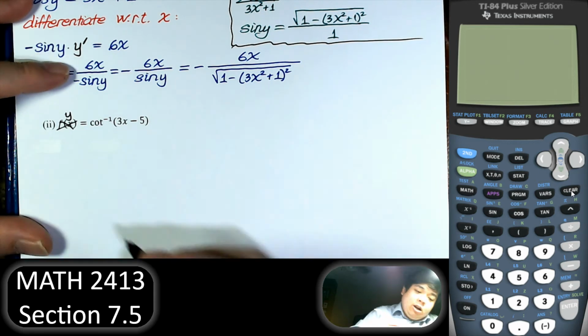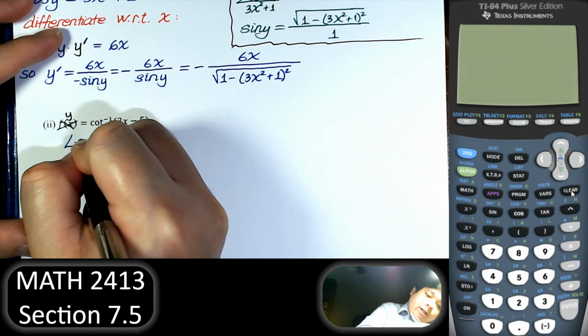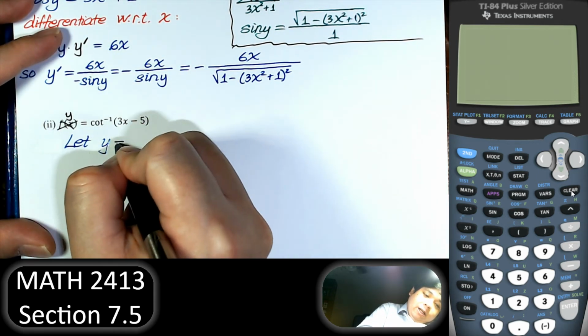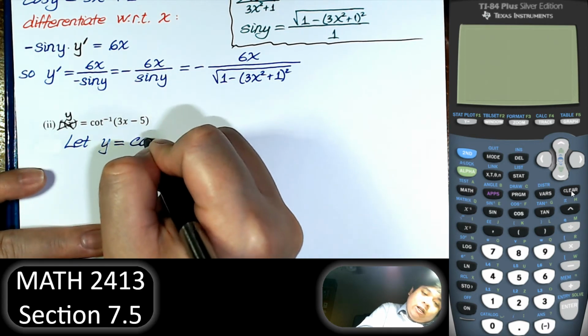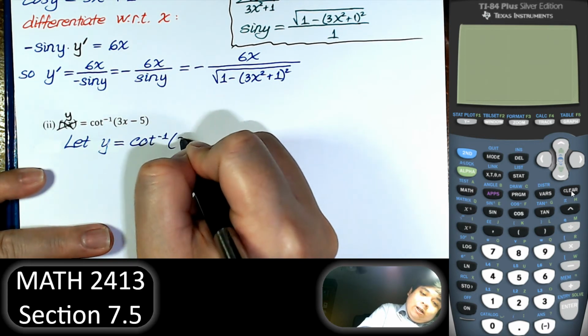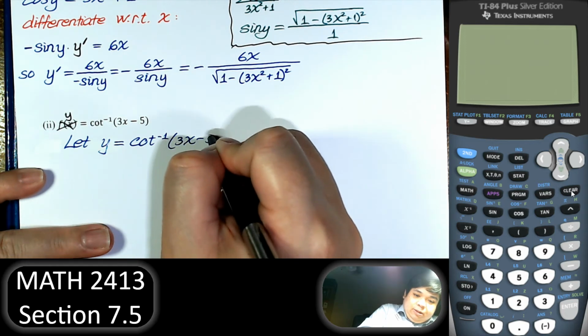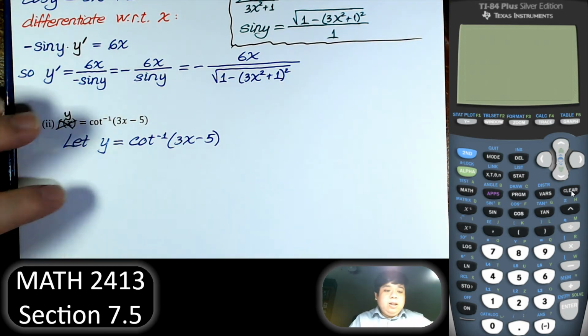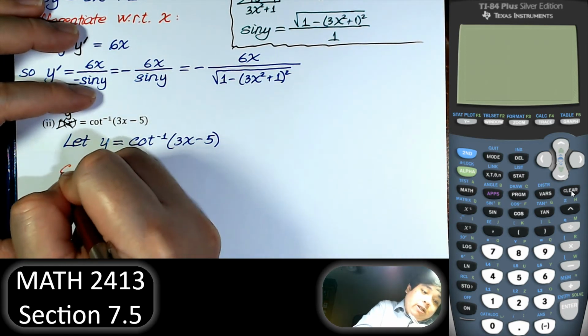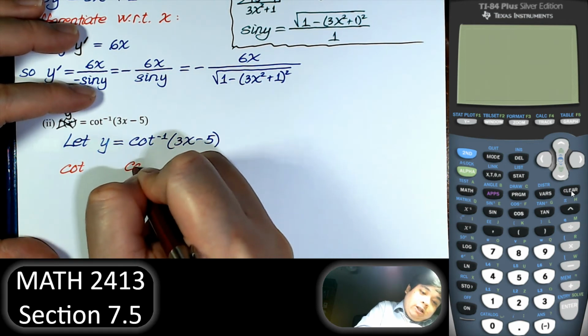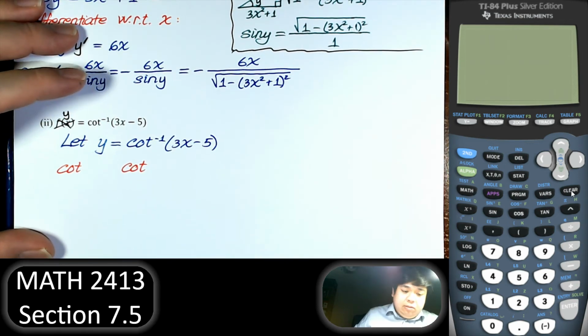So that's what I start with. Let y equal cotangent inverse of 3x minus 5. Then to get rid of the cotangent inverse, I will take cotangent on both sides.